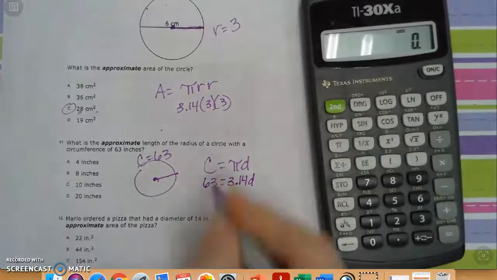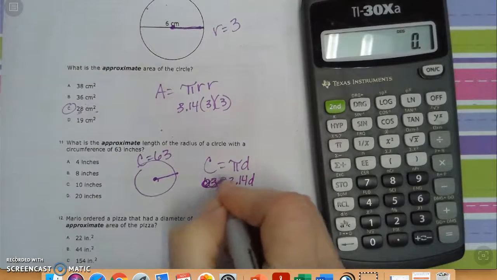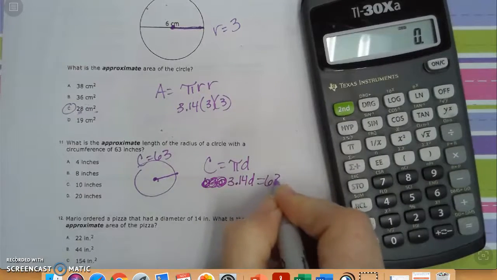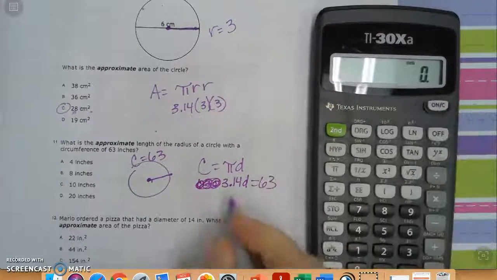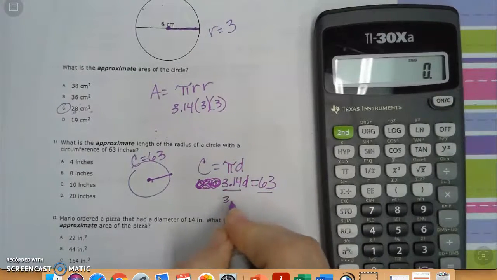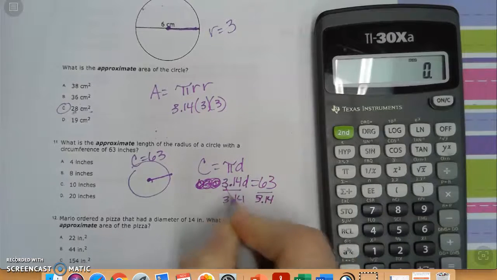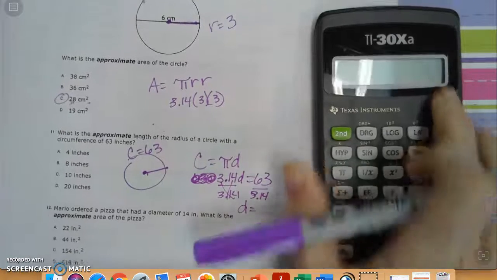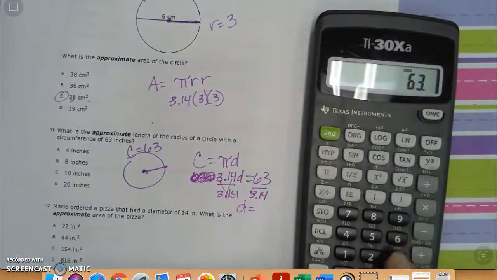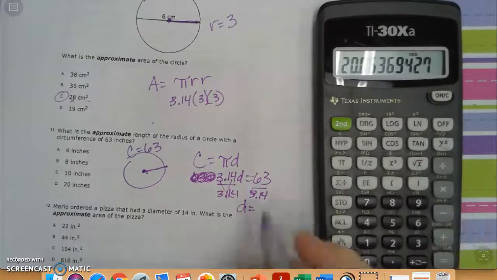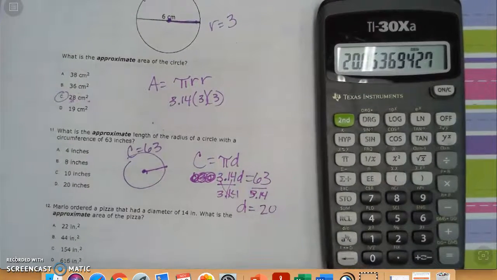We're going to fill in everything we know. I just like to move the 63 over because that's what I'm used to. So divide by 3.14. That's an ugly 3, isn't it? And that's going to be 20.